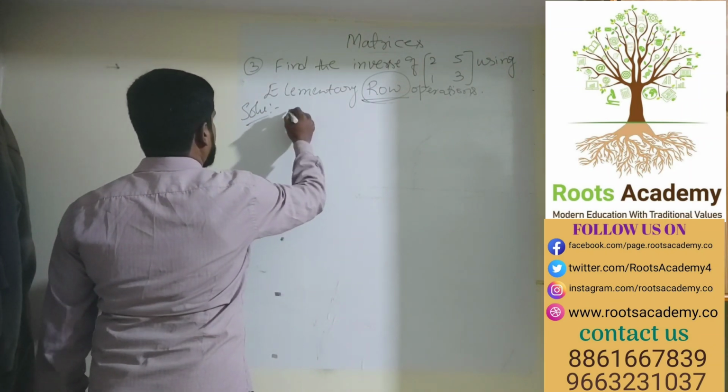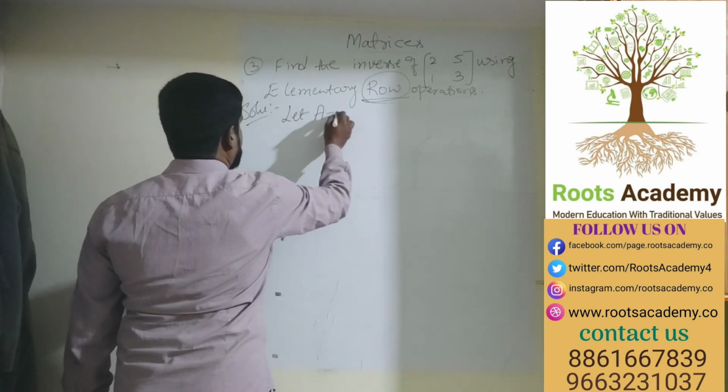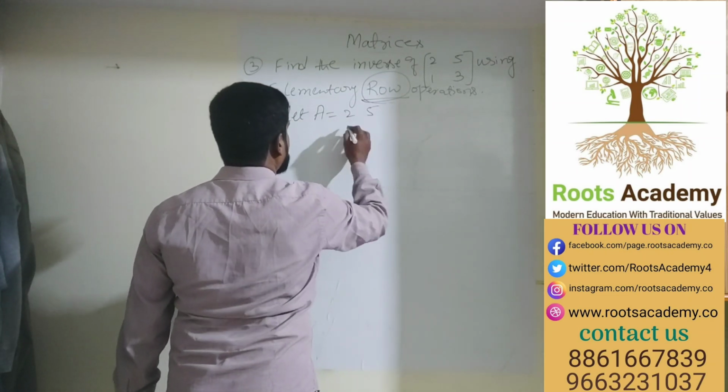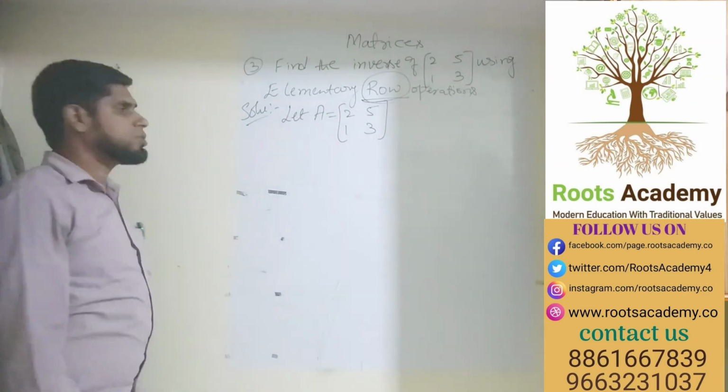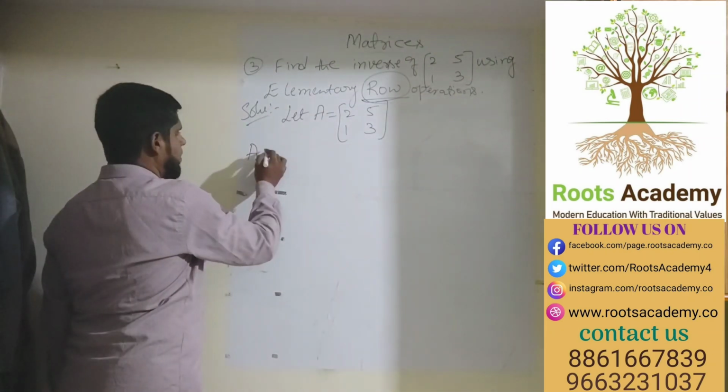Solution. Let my A matrix be 2, 5, 1, 3. So what is the condition for row operation?